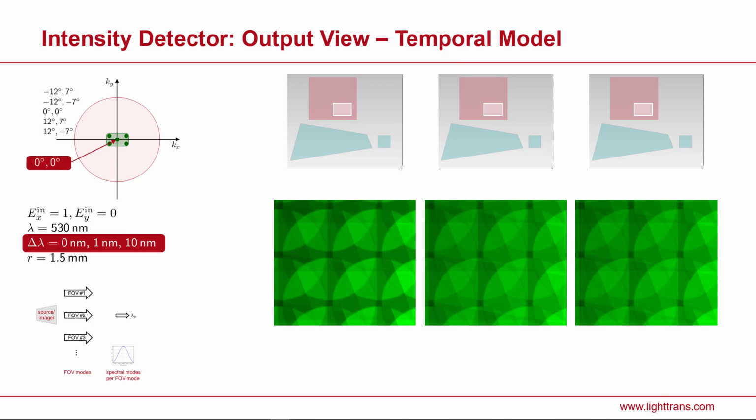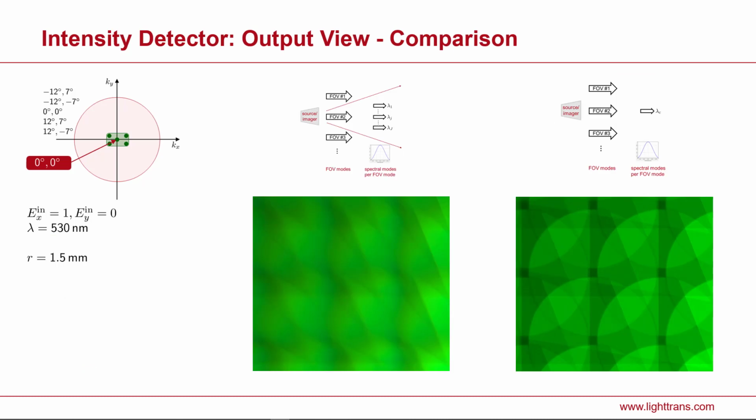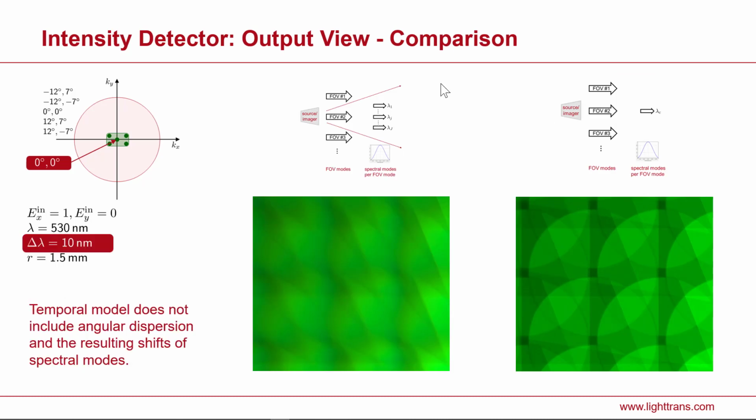The main difference, as we can see if we go back and forth, is the fact that the temporal model does not include the angular dispersion and the resulting shifts of the different spectral modes. So that is the main difference between both approaches.